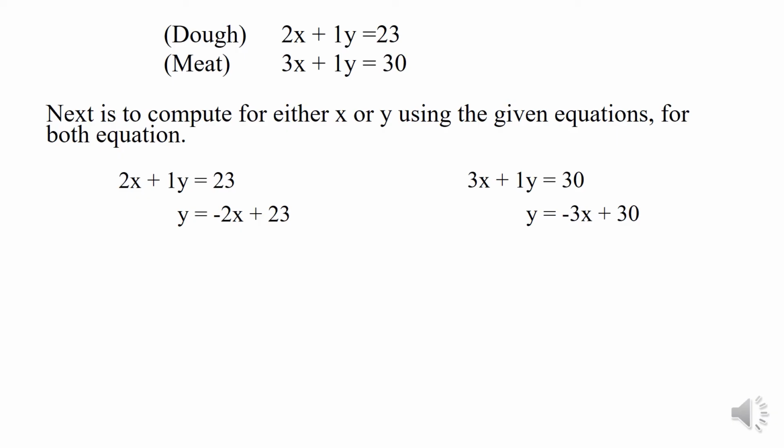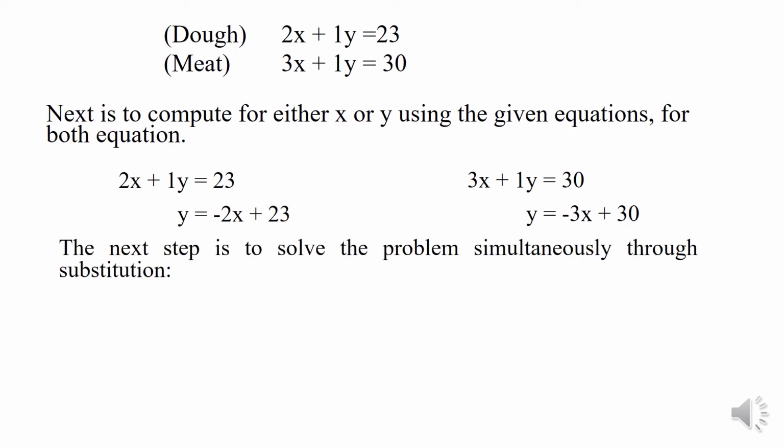Now the next thing is to solve the problem simultaneously through substitution. So we will now combine the two equations: negative 2x plus 23 is equal to negative 3x plus 30. Then we can now solve for our x.